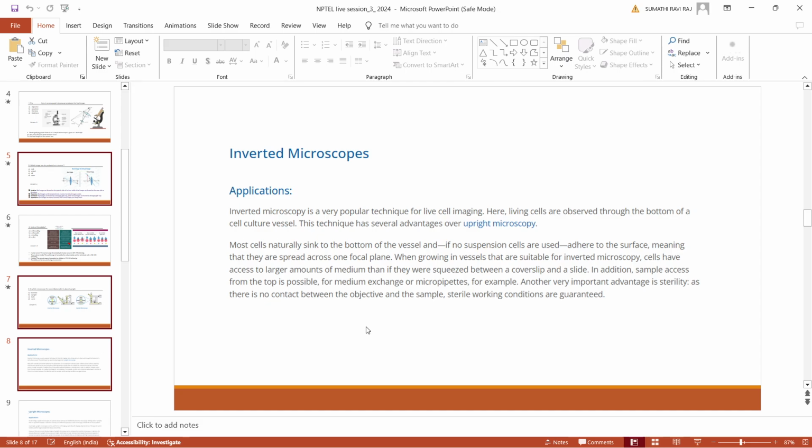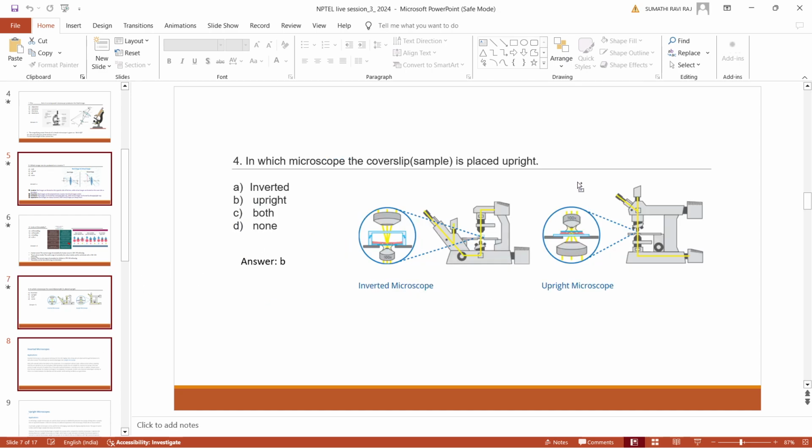Like I said, if you try to put it in an upright microscope and focus your cell culture dish, if you place your petri dish or glass bottom dish here and your objective is coming here, when you adjust your knob, your objective lens will move up and down.